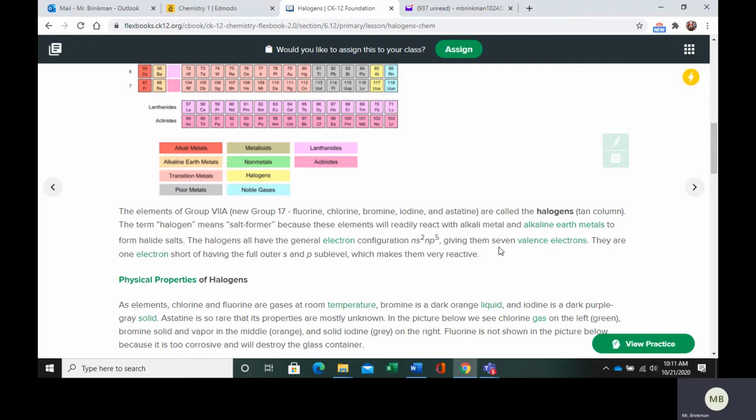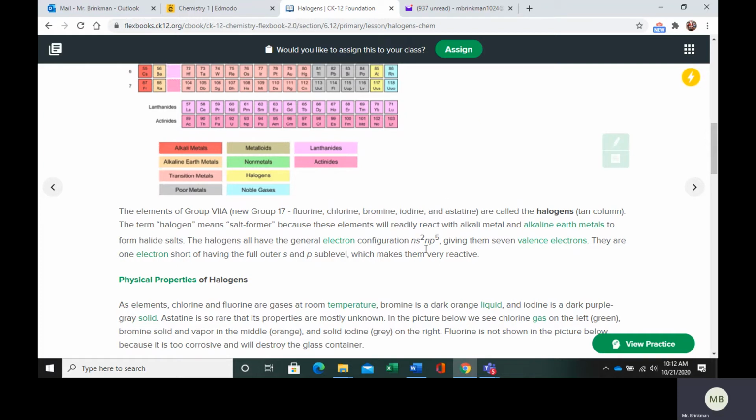So this gives them 7 valence electrons. They're 1 electron short of having a full outer s and p sublevel. The goal of any of these elements is to try to become stable. They want to have 8 valence electrons because that is the stable configuration.